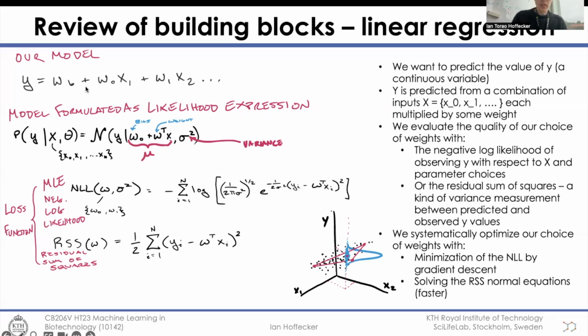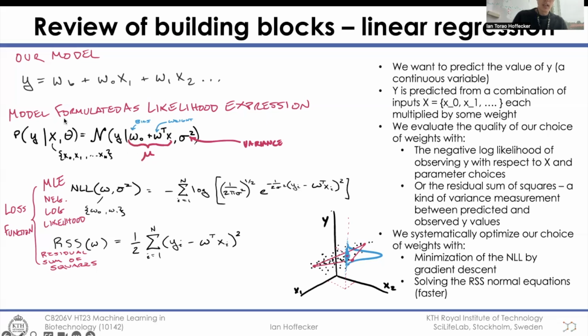And what we can do is then formulate this as a likelihood expression. So we said that actually this is akin to a Gaussian distribution with a moving mean parameter. So instead of a fixed mu, as you might have for a single Gaussian distribution, we have this linear combination of terms, or the equation for a line basically, dictating the position of this mean.